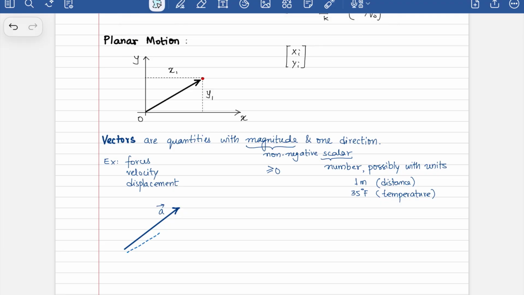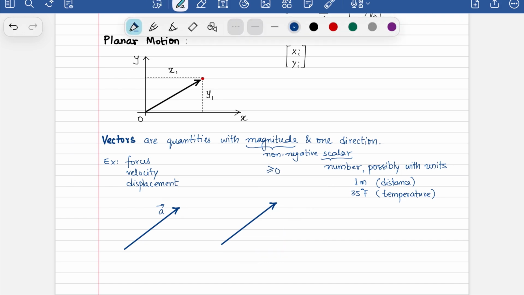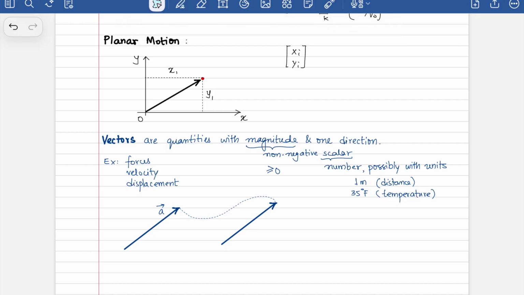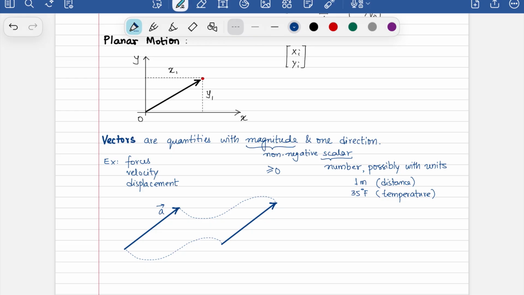It is possible for you to move this vector so long as you keep its magnitude and direction the same, it is still the same vector. Okay, so you can translate it in any way you like. So long as its magnitude and the direction are the same, it's still the same vector, which means if I moved it in this way, it's still the A vector.